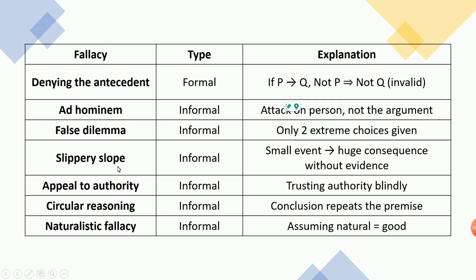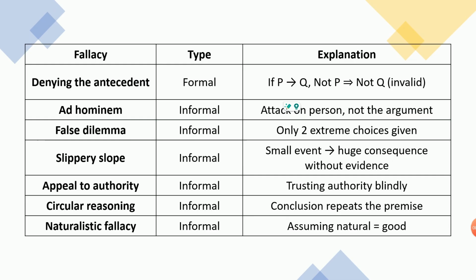Next is slippery slope. When a small event occurs, a huge consequence without evidence is assumed. They assume that a small event leads to a huge consequence, but they don't have proper evidence. For example, today it is cloudy, not even raining.